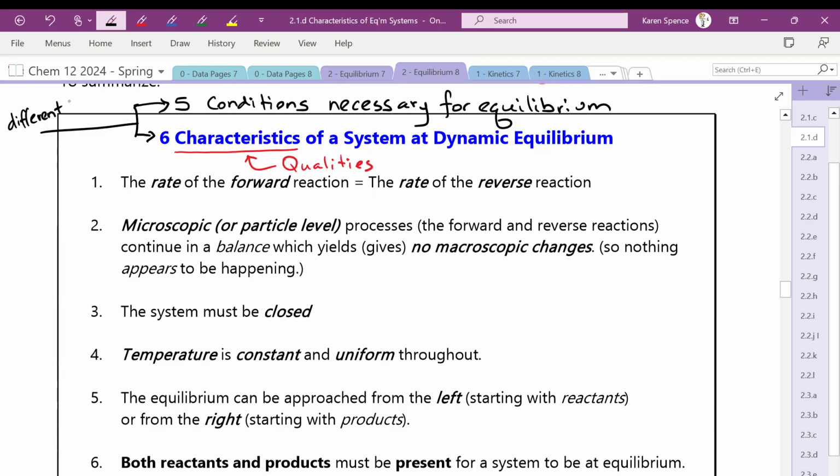How are they different? If I look at a system at equilibrium, what are its characteristics? That's what these 6 are, okay? The 5 conditions necessary for equilibrium is, you say, what do I need in order to be able to have an equilibrium? Okay? It's a bit of a subtle distinction. What I would like you to do is read through these 6 and decide if any of them are also conditions necessary for equilibrium.